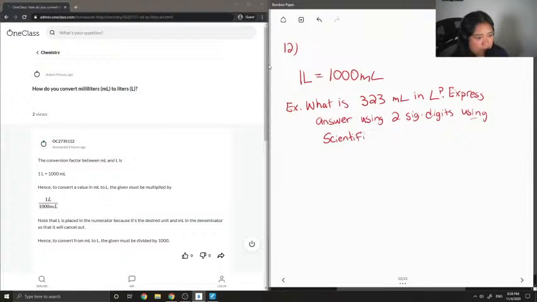So we just bumped up the conversion questions up a notch. But we're still going to use my same go-to method of first writing X liters, since this is what we're looking for. 323 milliliters at the bottom. And then on the other side, liters are on top, milliliters are at the bottom. Multiply both sides by 323.